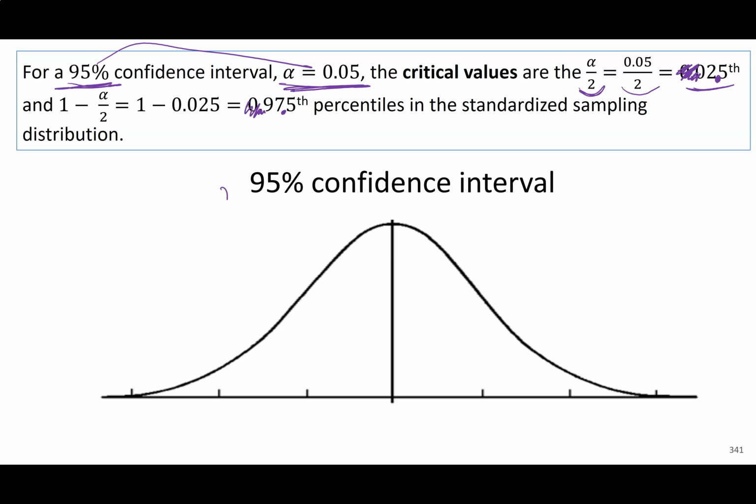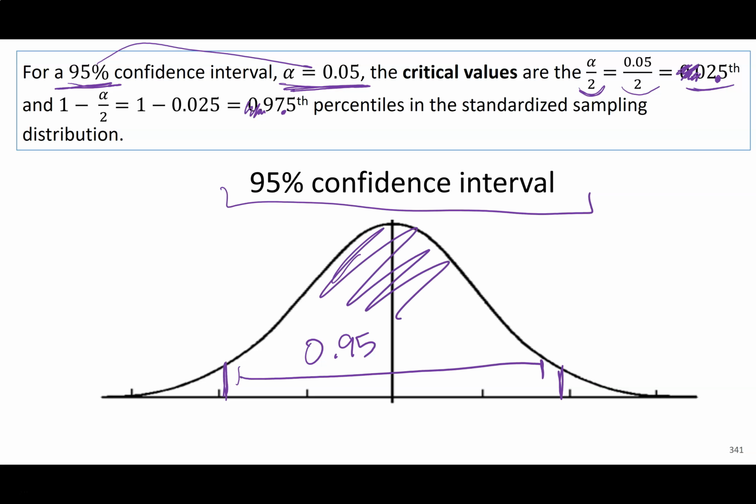So here, I want the middle 95%. So 0.95. I have the middle 95% here. Then you need to consider, okay, how much do I have left over?